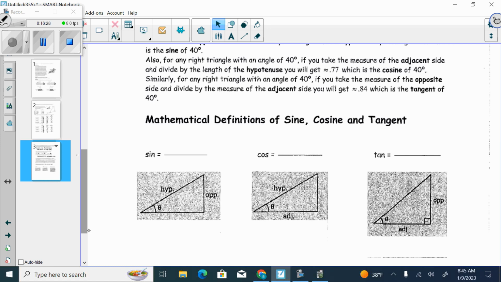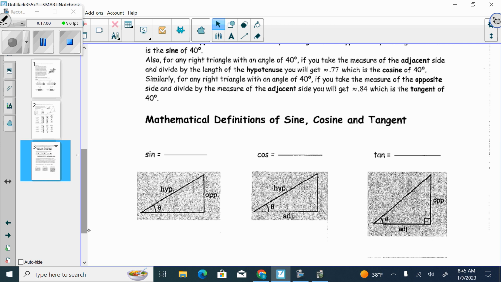All right? So, now that we know that that's the case, this is true no matter what the degree of the angle is that you're looking at. Whenever your angle, they're calling it theta here, the Greek symbol for theta, is the same every time, so if you're always looking at a triangle with an angle of 57 degrees, whenever you set up those ratios of opposite over hypotenuse, adjacent over hypotenuse, and opposite over adjacent, no matter what your side lengths are, it's always going to end up simplifying down to the same thing.